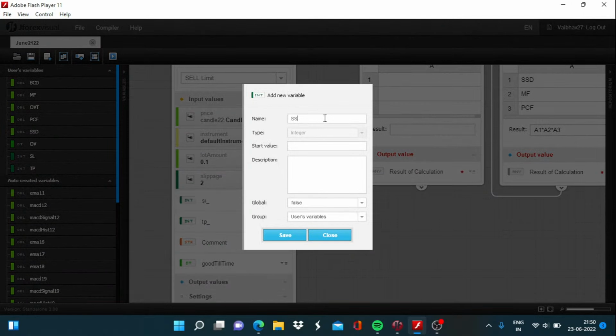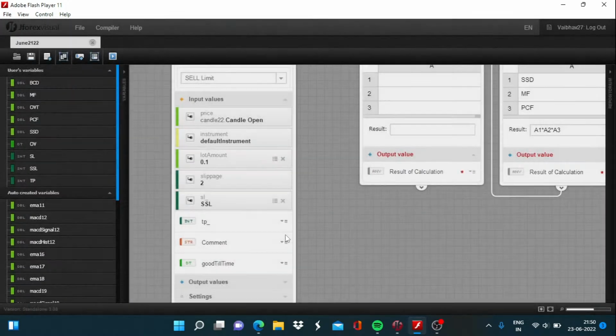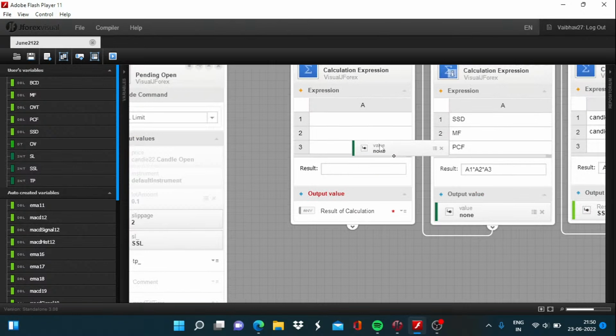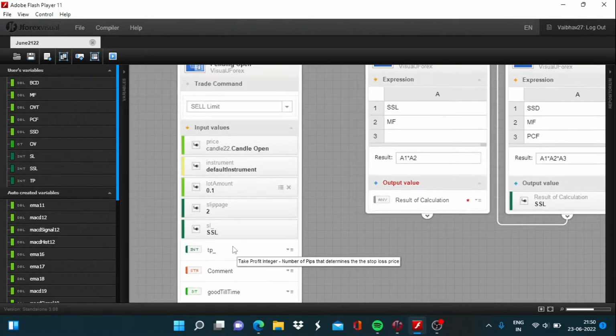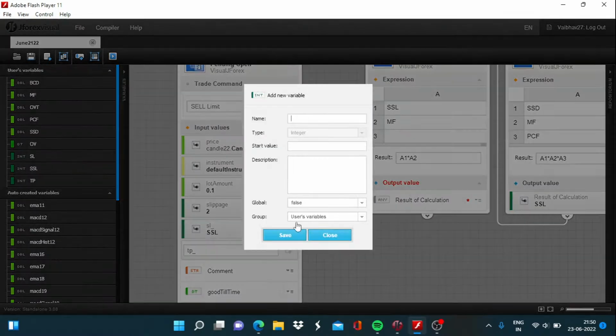I will name it SSL, and we assign this variable here. Twice of it will be take profit. So again, we have to multiply the stop loss level by 2 and we arrive at the take profit. So this will be A1 into A2, and I will create a new variable here.